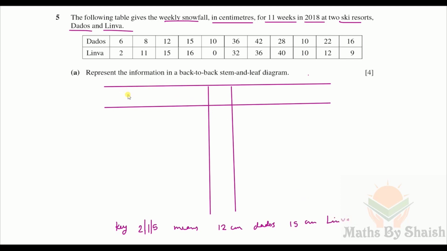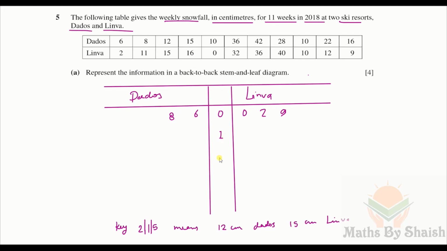So here it is Dados and here it is Linwa, and we'll start from the minimum value. We can see there are 1-digit values also, so 0 here. For Dados it is 6, so 06 and 08, and yeah, 1-digit is over. For Linwa it is 0, and the next value is 2, the next value is 9.